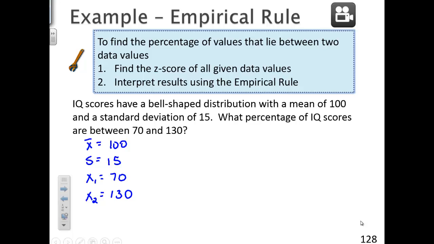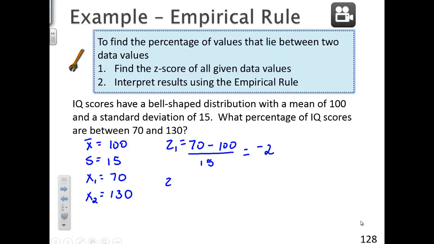And then I'm going to find the z-score for each one. So to connect the z-score to that particular data value, I'm going to subscript it with a matching subscript. So the z-score for 70 would be 70 minus 100 divided by 15. That is a negative 2.